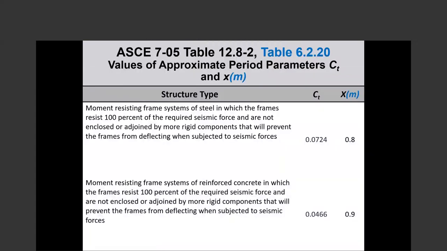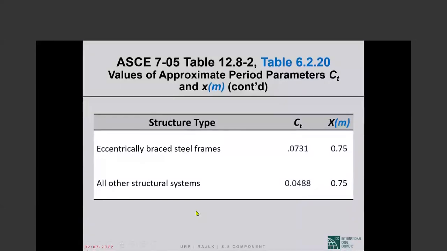Okay, the values of C sub T and X are given. So there is a set of values for moment resisting frames of steel. There is a set of values for moment resisting frames of concrete. Then a set of values for eccentrically braced steel frames.